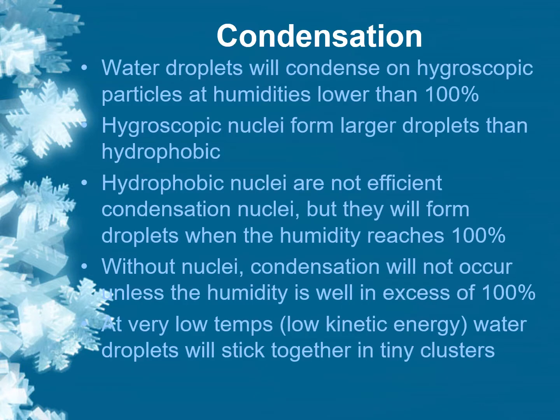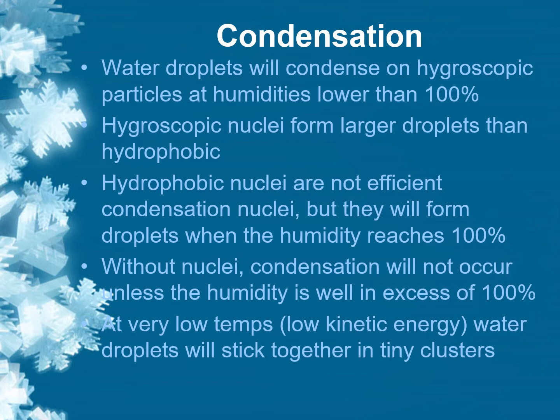Condensation. Okay, so again, on these hygroscopic nuclei, water droplets can condense at humidities lower than 100%. In other words, hygroscopic nuclei are just ready for condensation to occur. They also tend to form larger droplets than the hydrophobic. Okay, so about those hydrophobic nuclei, they are not efficient condensation nuclei, but they can form tiny droplets when the humidity reaches 100%.